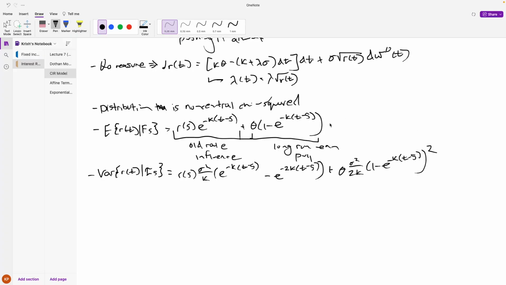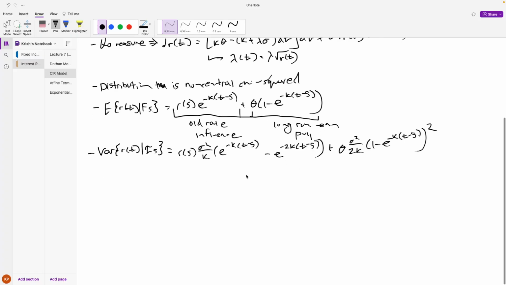So that's the var. Keep in mind that the variance here depends on both your long run mean and RVS. Right, that's something different from Vasicek, which just depended on, I believe, the long run mean.